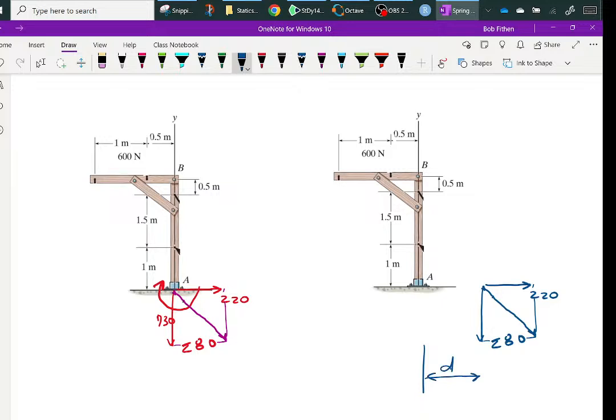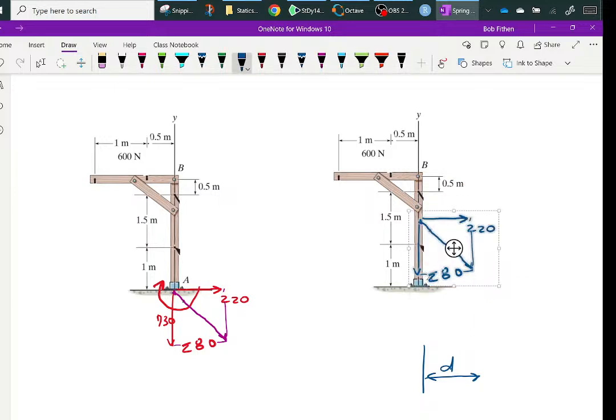I can shove it anywhere: to the right, or up. He wants to know several things. One is, where would it be equivalent if I shoved it up? Let's do that one first.